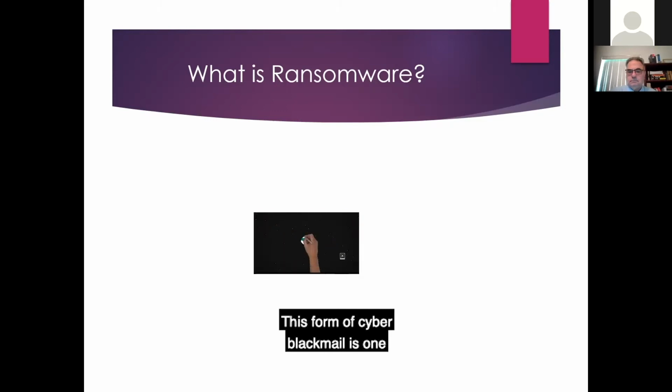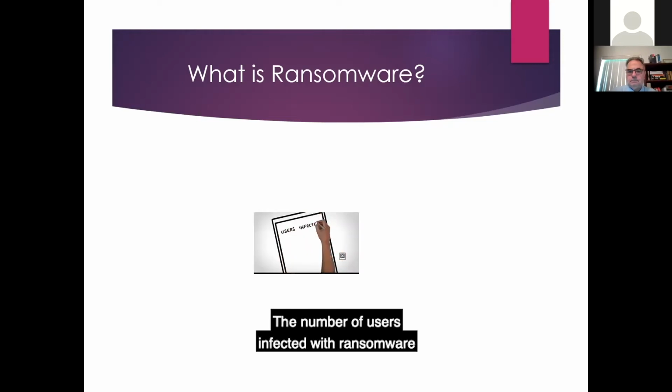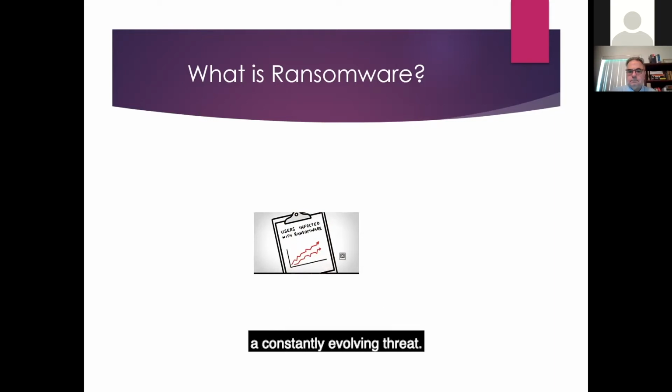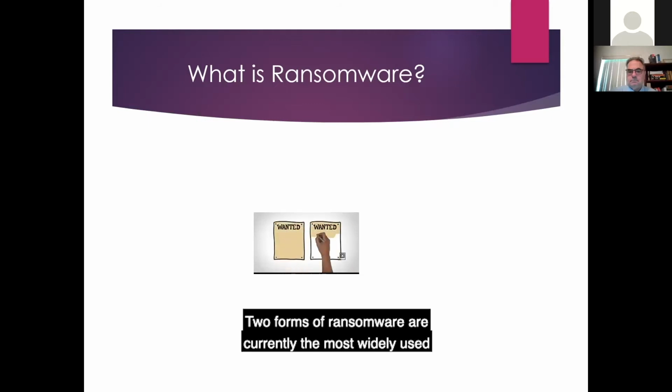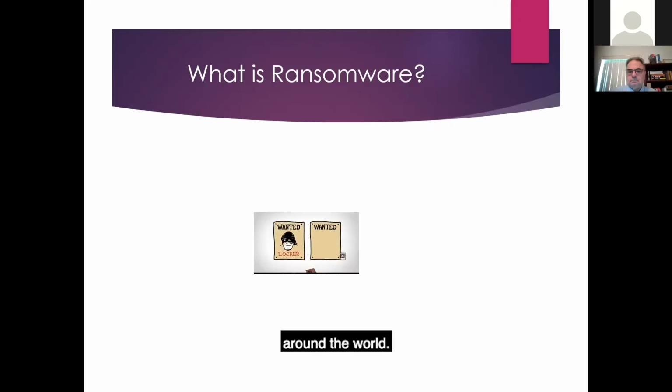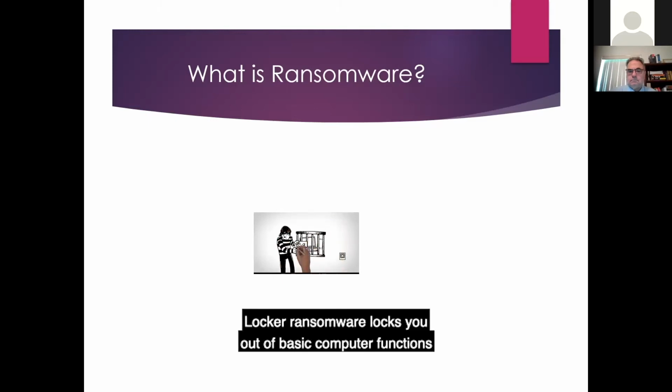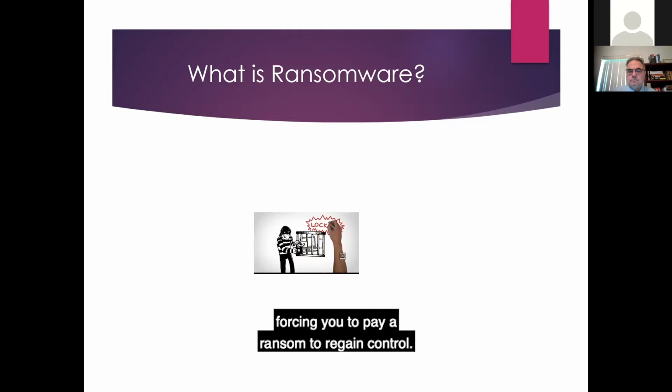$1,000. This form of cyber blackmail is one of the most dangerous forms of malware today, and one that's spreading rapidly worldwide. The number of users infected with ransomware keeps growing, along with continued increases in ransomware modifications, making it a constantly evolving threat. Two forms of ransomware are currently the most widely used around the world: locker and crypto ransomware. Locker ransomware locks you out of basic computer functions, forcing you to pay a ransom to regain control.